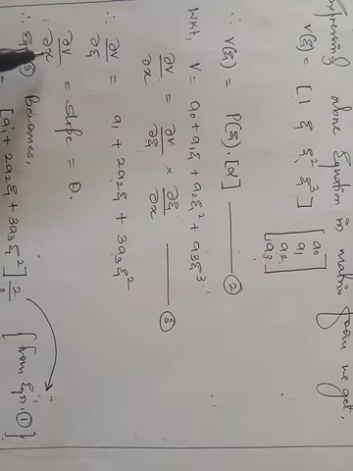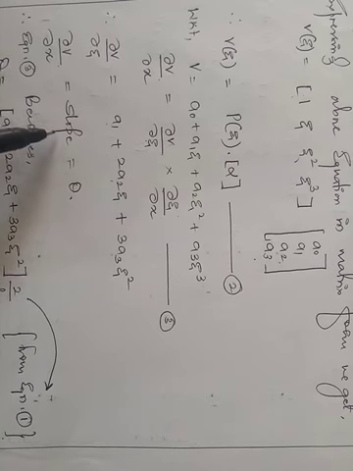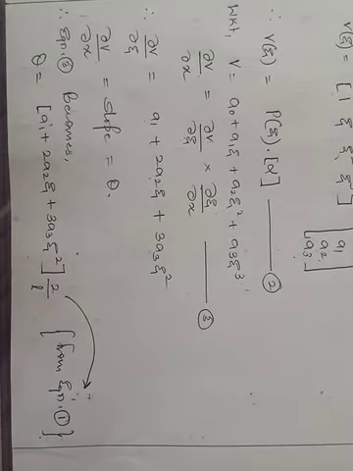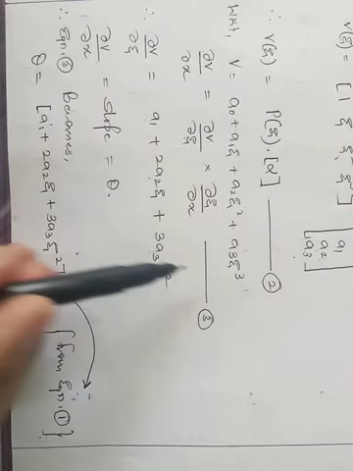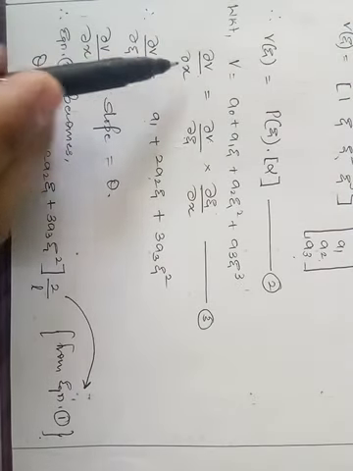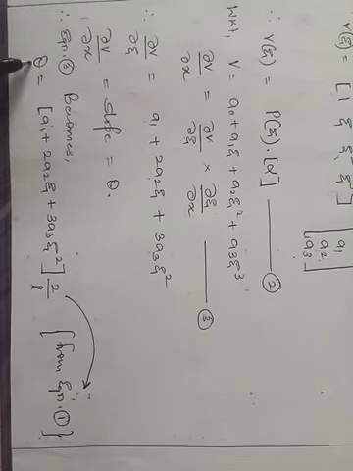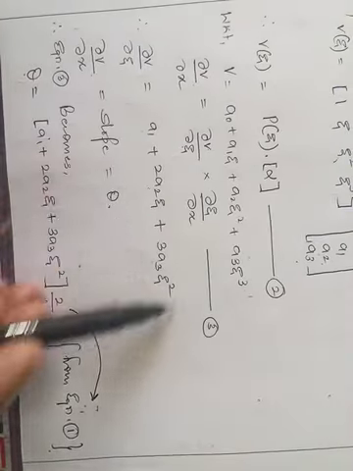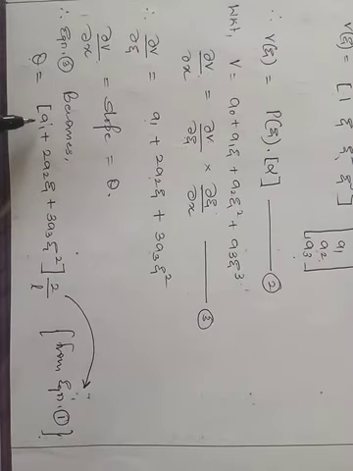Next, dou v by dou x. Dou v by dou x is nothing but the slope and you represent it by theta. It is very similar to dy by dx. So therefore equation 3 becomes theta on the left-hand side, equal to dou v by dou zeta, which I have calculated: a1 plus 2 a2 zeta plus 3 a3 zeta square, multiplied by dou zeta by dou x.